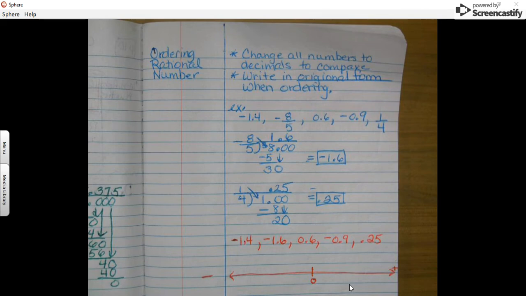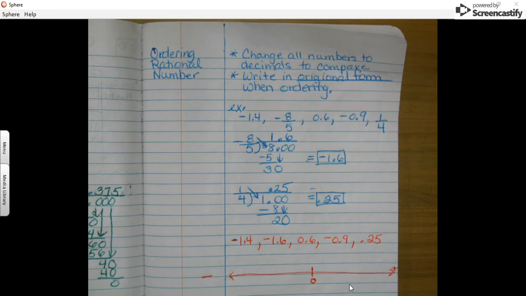And all my positive numbers are going to be to the right of the 0. Now, what do you remember about negative numbers? The further away they get from 0, do they get less in value, right? Yeah, they're worth less. So if we're going to order these from least to greatest, which negative number is going to go at the end?